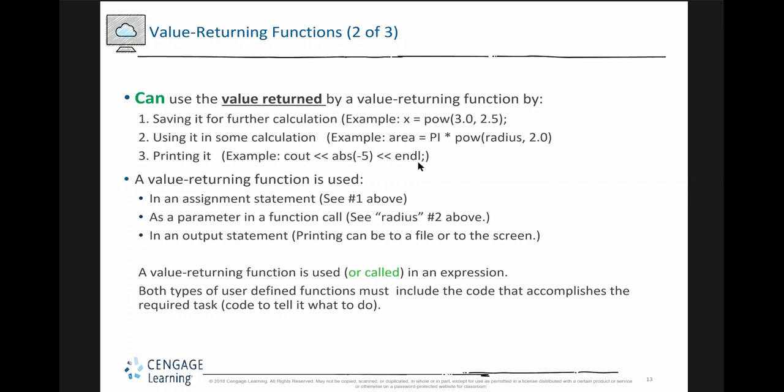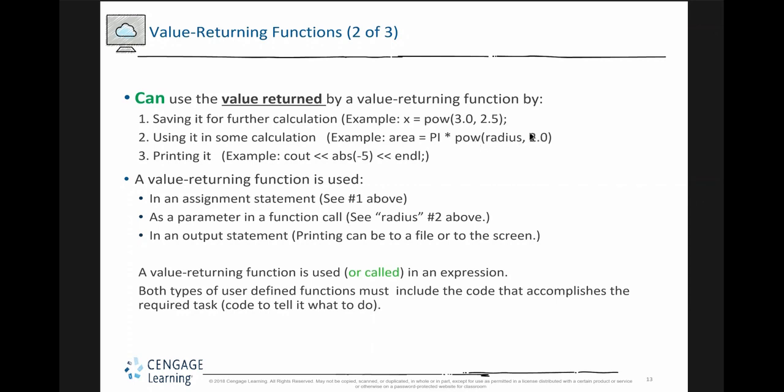A value returning function is used in an assignment statement, so that'd be number 1. Here it is here, and we assign the value. So that's the assignment statement, okay? As a parameter of a function, see radius here? These two are the parameters for the power function, right?